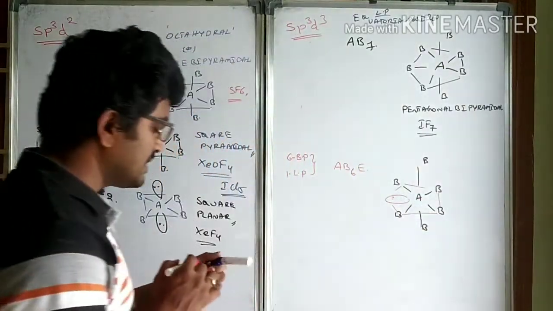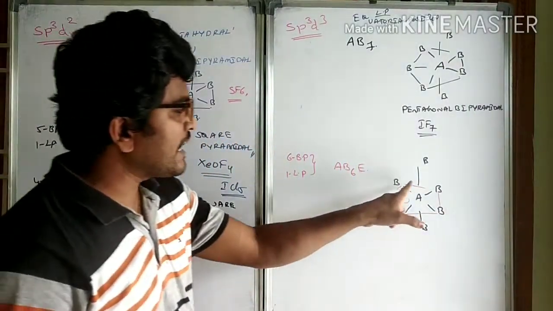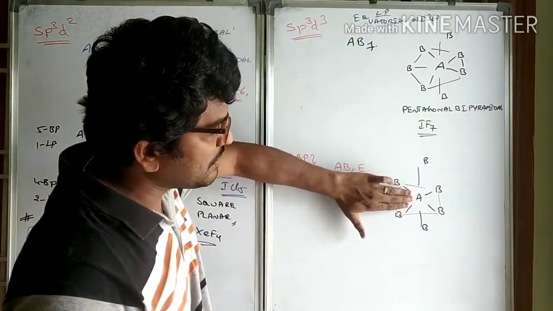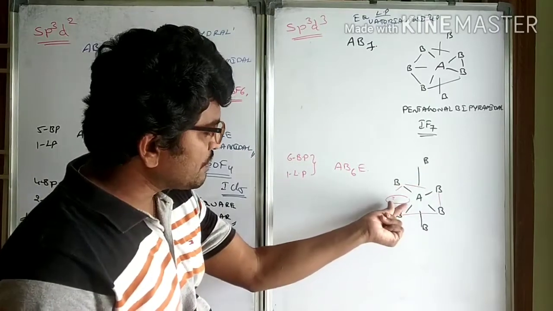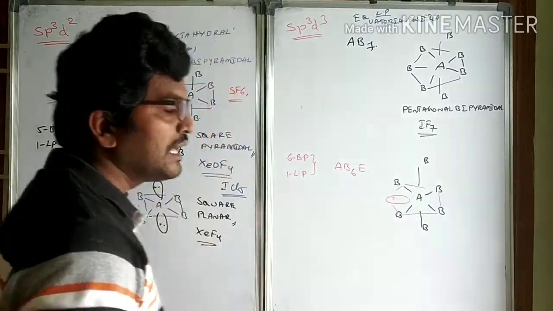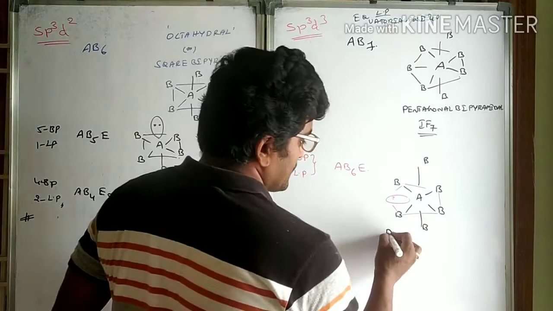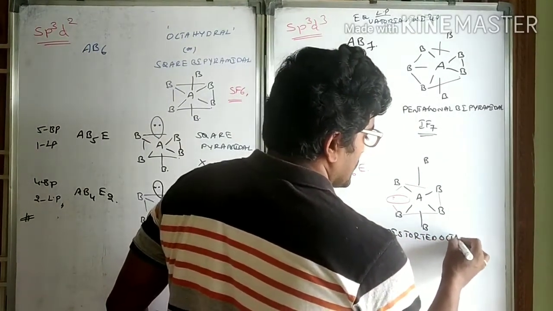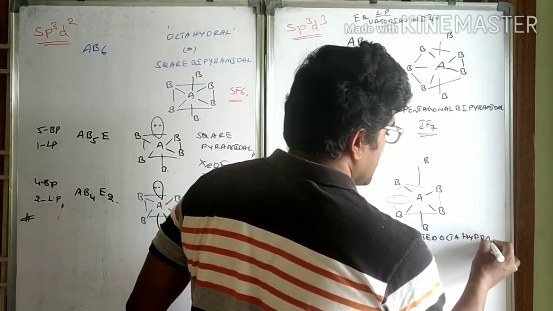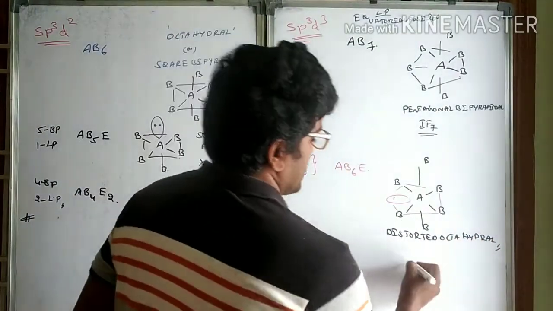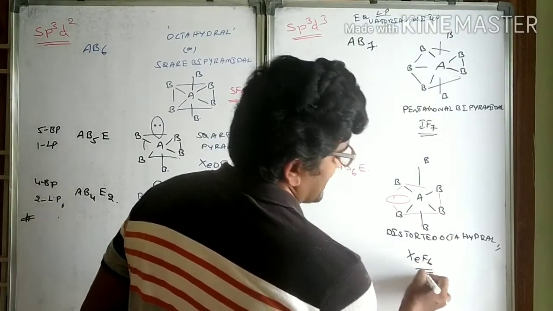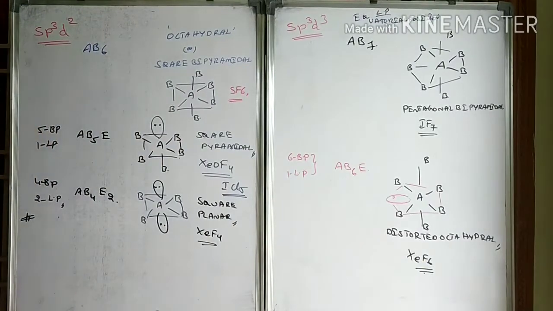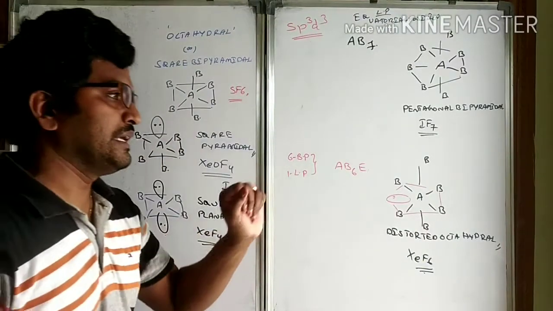Since there is a lone pair and 4 atoms in the plane, if this lone pair were not there it would be octahedral, but because of the lone pair that octahedron will be a little distorted, and the structure will become distorted octahedral. The best example is XeF6, with 6 bond pairs, 7 hybrid orbitals and 1 lone pair.